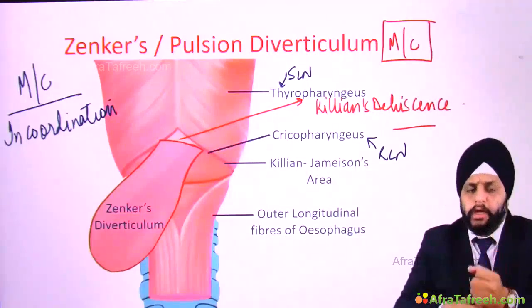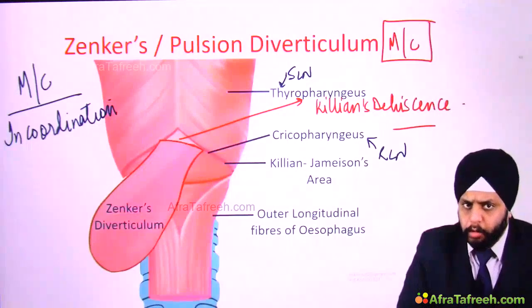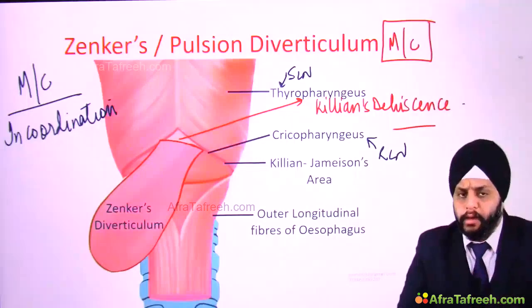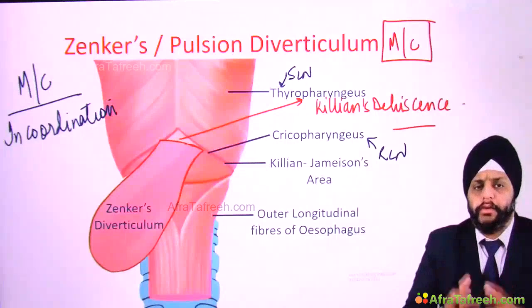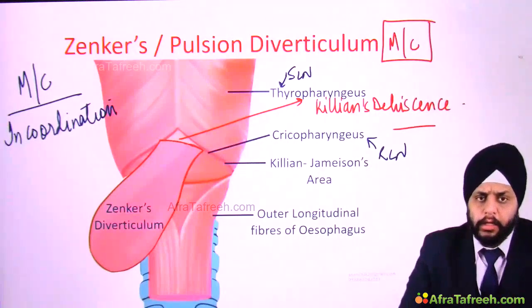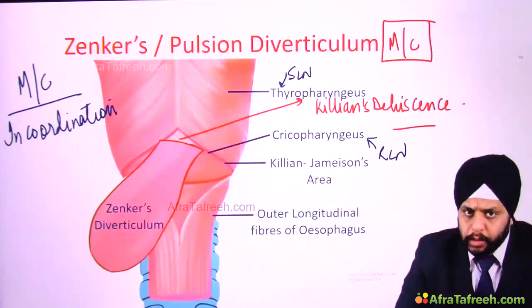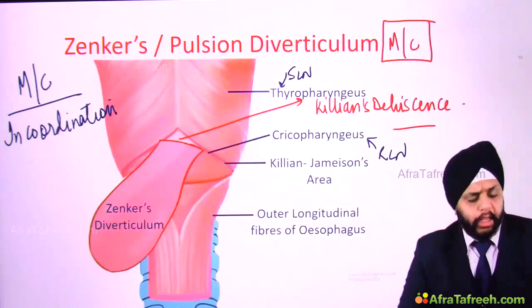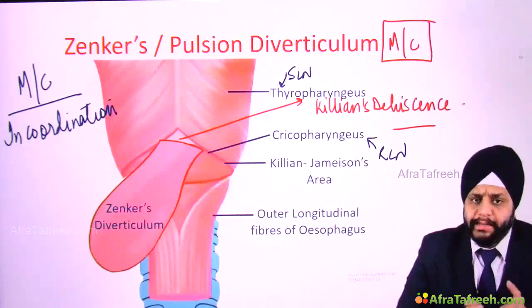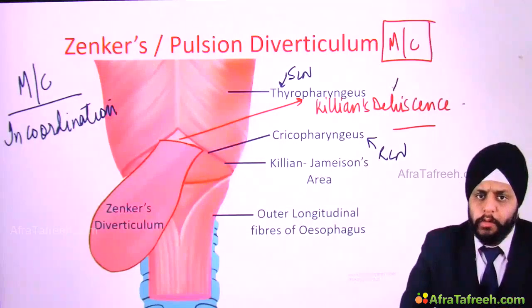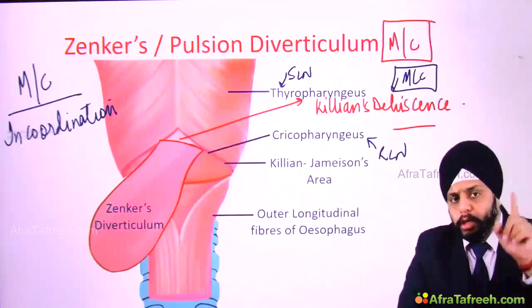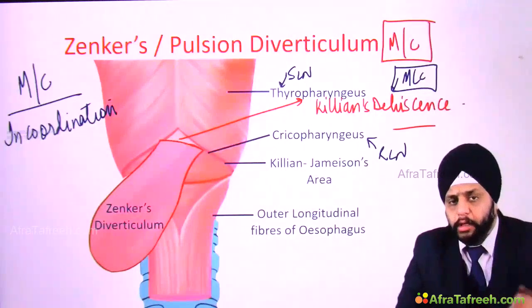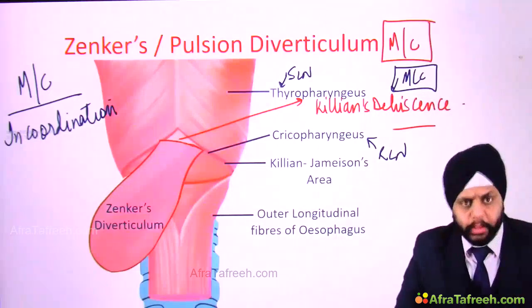If they contract at the same time, or the cricopharyngeus does not relax at all, then we will have a Zenker's or pulsion diverticulum. Remember, Killian's dehiscence is the most common location for Zenker's diverticulum, but that's not the only location. Why?